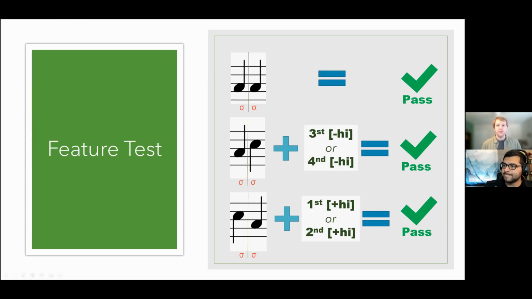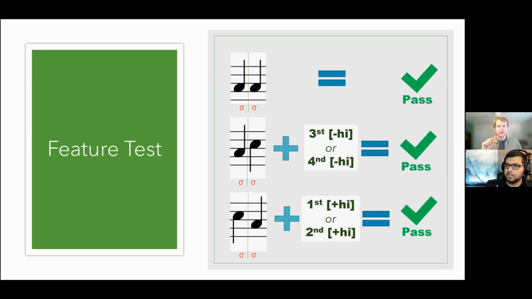The second test was the feature test. Here we're looking at the features that were proposed in the previous research, and it has to do with the relative melody of the following note. If the tone features are minus high and the following note in the song is higher, then we consider that to pass the test.